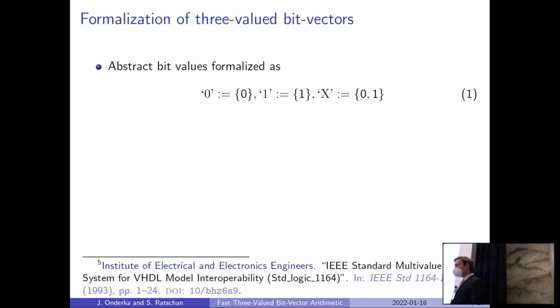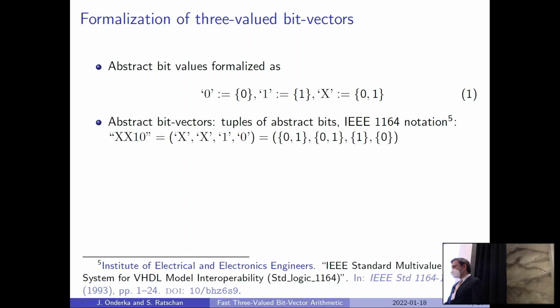Now, a little bit of formalization. We will formalize the abstract bit values as the sets of their possibilities. So 0 will be the set of 0, and x will be the set of 0 and 1. Abstract bit vectors will be just tuples of abstract bits, and we are using the IEEE standard logic notation, where the abstract bit vectors are denoted by double quotes and abstract bits by single quotes.